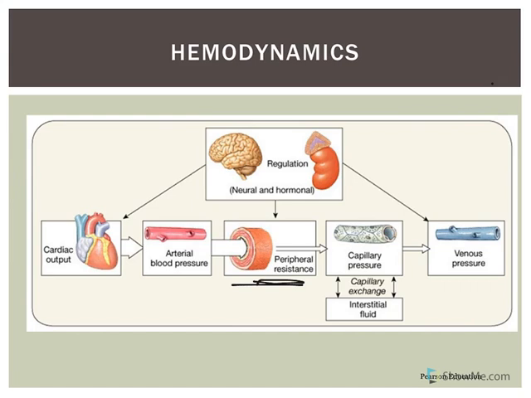The pressure gradients that we'll talk about will result in what we call hydrostatic pressure. So hydrostatic pressure is the fluid pressure that, in this case, the blood, it's conducted in all directions.